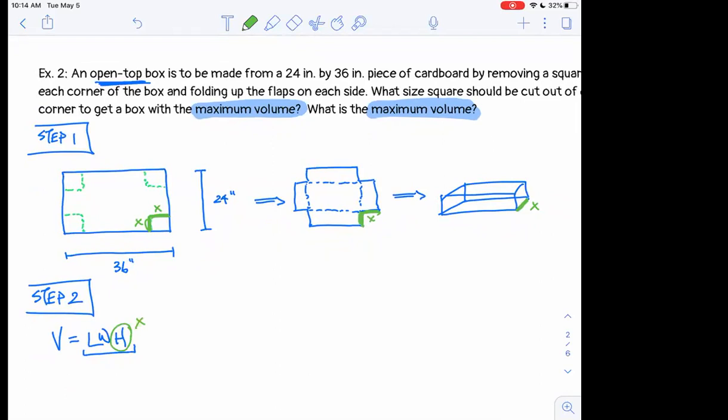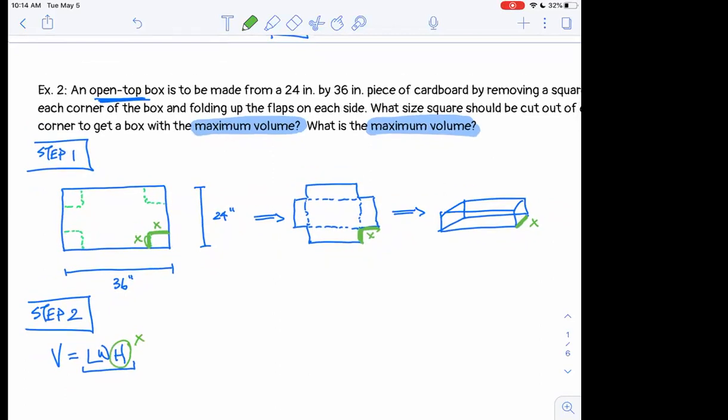X is going to be the height of my box. Now, if I cut X out here and I cut it out here, how long is this section that's left? 36 minus 2x.